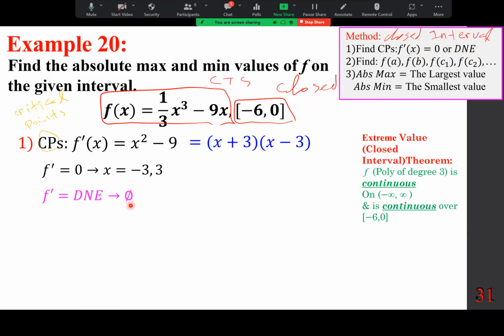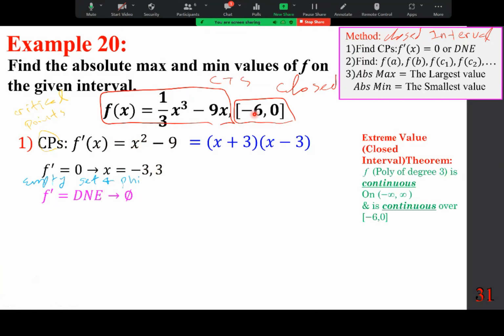This is phi, a Greek letter which represents an empty set, because f prime itself is a polynomial, it exists everywhere. That's the concept. So there are only two answers.